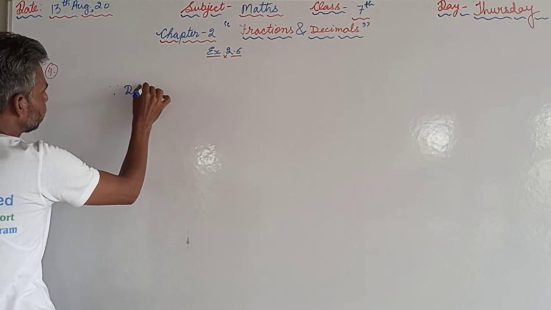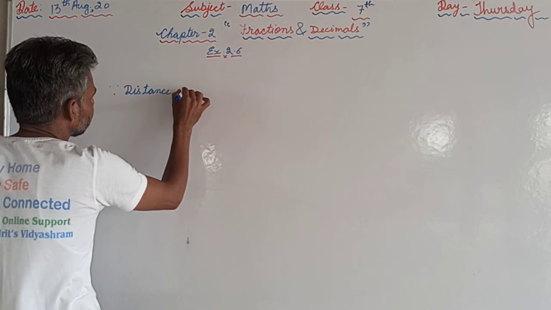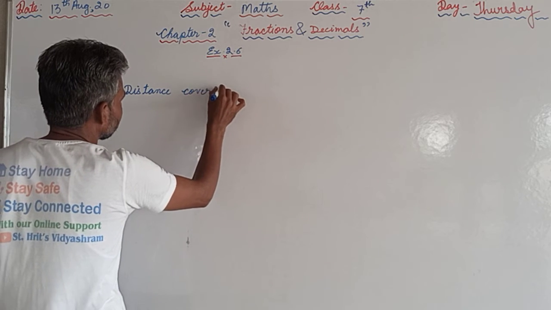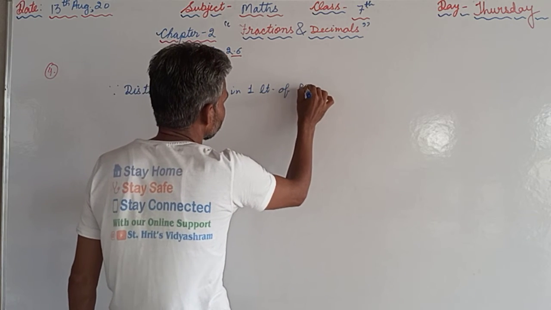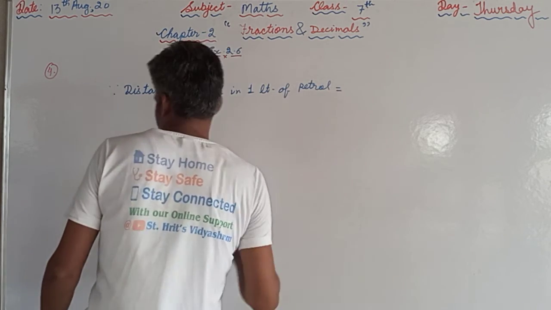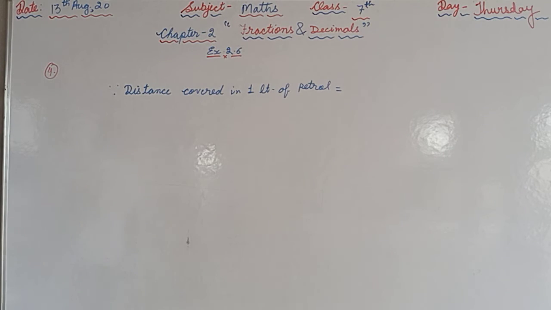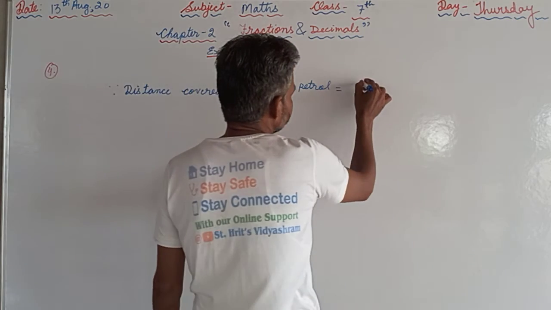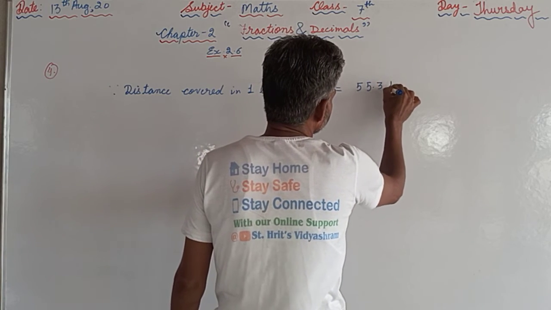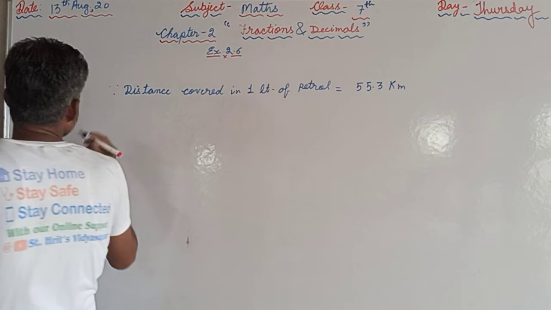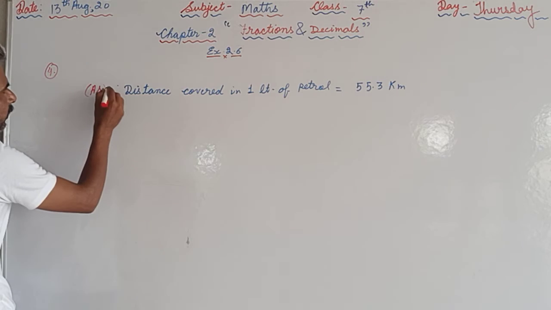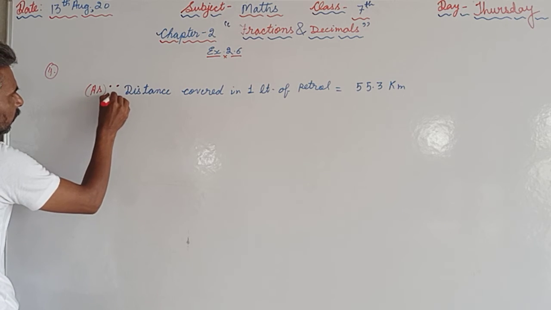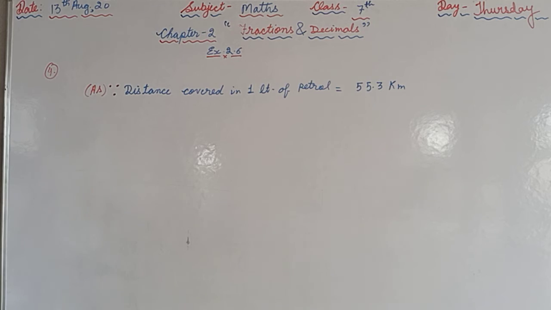Distance covered in 1 liter of petrol is 55.3 kilometers. And the sign of this means 'as this'. And now we have to find how much distance it will cover in 10 liters of petrol.